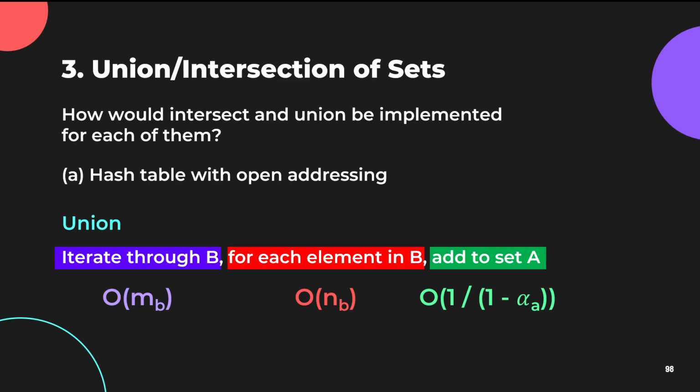Then that will be much worse. So a better one, if we want to optimize for runtime, is to add one set to another one. But if we don't want to optimize runtime, then we can run through both sets, and that is longer, but it will result in a new table. Okay.